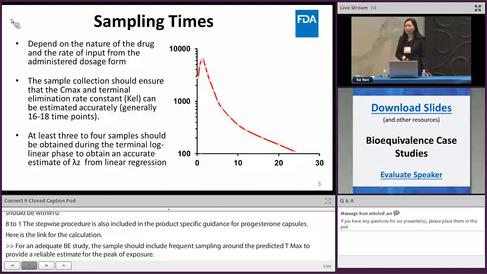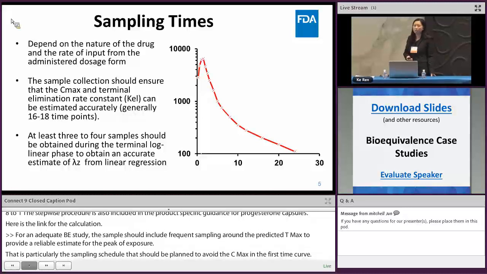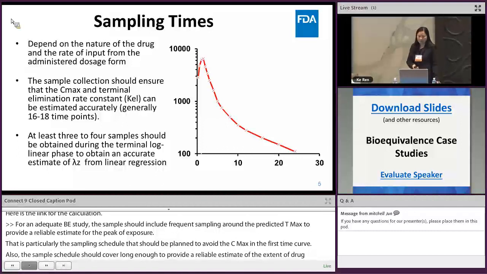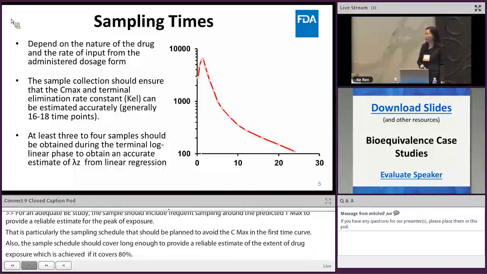Also, the sampling schedule should cover the concentration-time curve long enough to provide a reliable estimate of the extent of drug exposure, which is achieved if AUC 0 to t covers 80% of AUC infinity. At least 3 to 4 sample times should be included during the terminal log phase in order to reliably estimate the elimination rate constant.